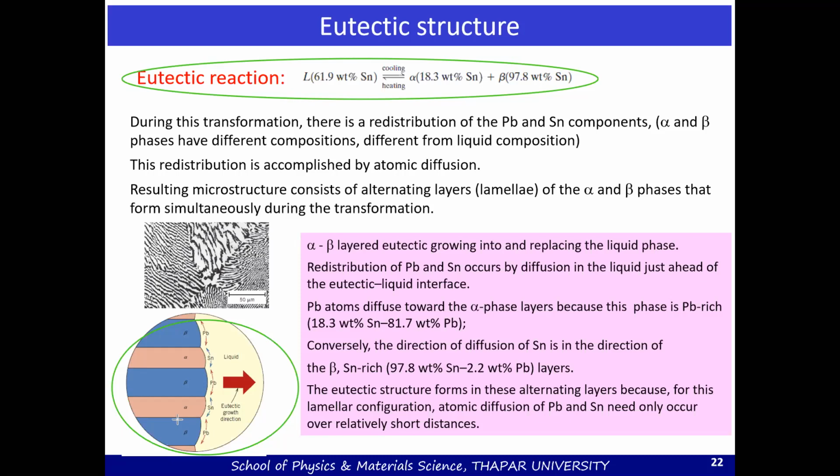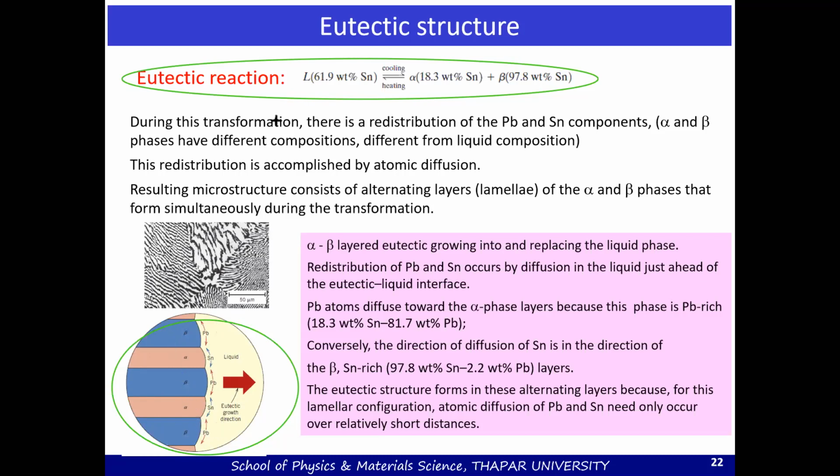So when an alpha is growing, that means it is receiving more lead during its growth. If I look at the interface between the solid and the liquid, here liquid is the light yellow continuous region, and the lamellar structure is between the light brown color and the blue color one.